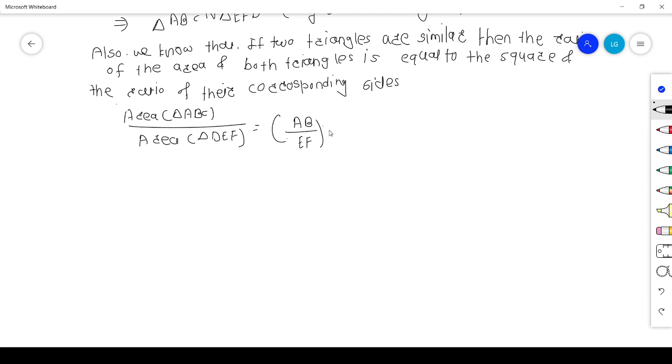So this is equal to, we can see here, AB upon EF is 2.